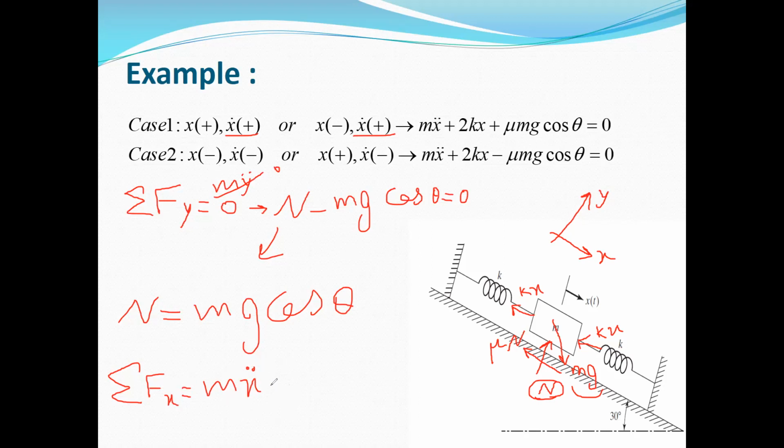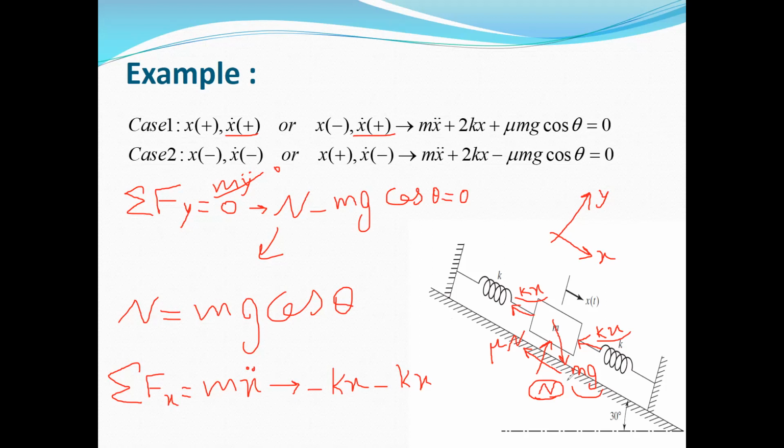In the force equation in x, we will have minus kx for this spring. We have another kx, so it's again minus kx, where x is measured from the equilibrium position, and we neglect the initial deflection of the springs.